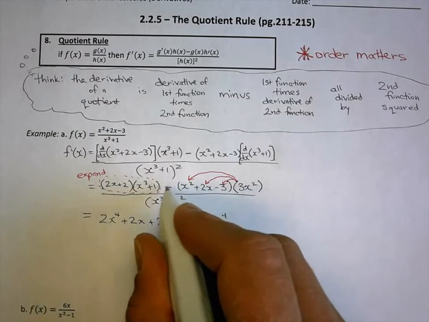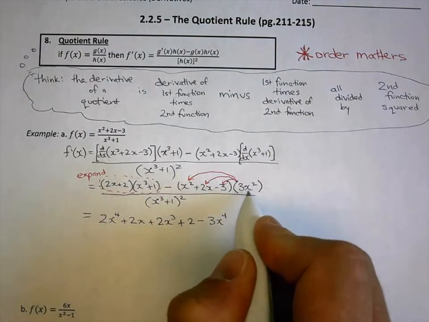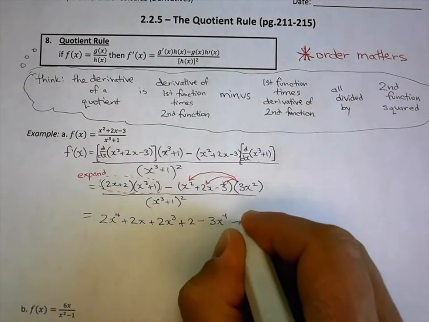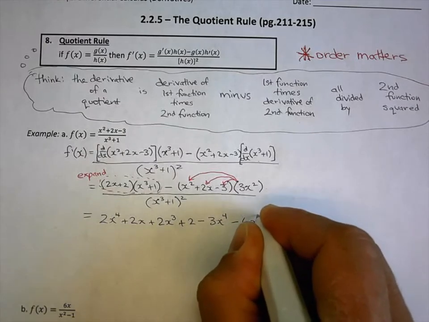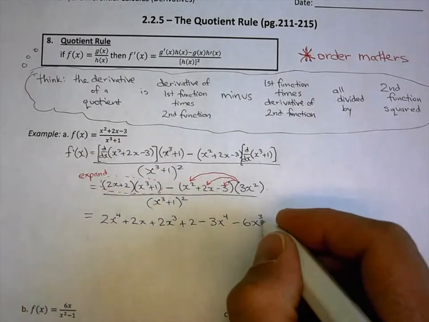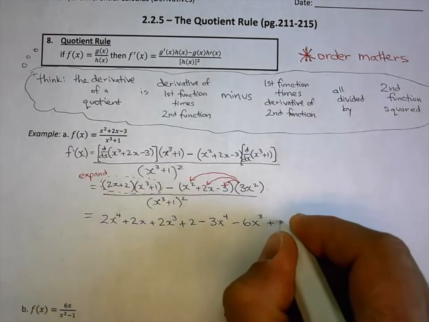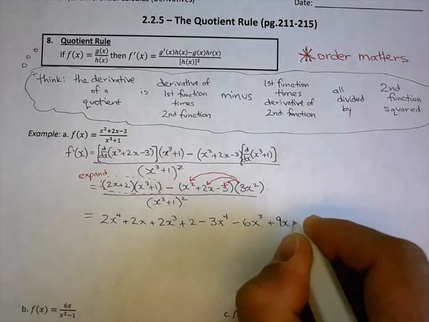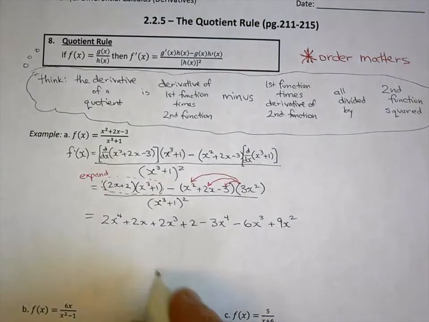Be careful with the negative here too, right? Because the negative gets distributed. So I have negative 6x cubed and I have negative, negative, so that's positive 9x squared. Hopefully I did that right.